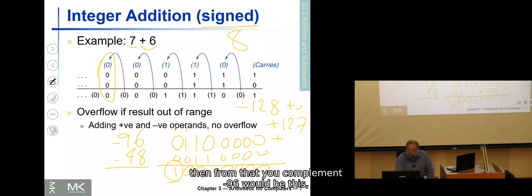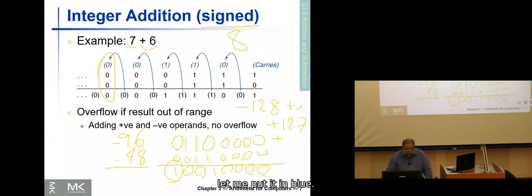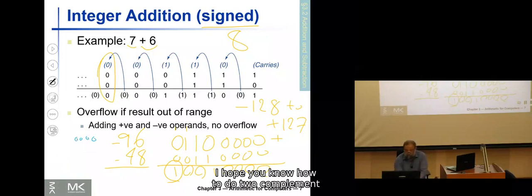So minus 96 would be 0, 0, 0, 0, 1, and from this one we complement: 0, 1. This is minus 96.